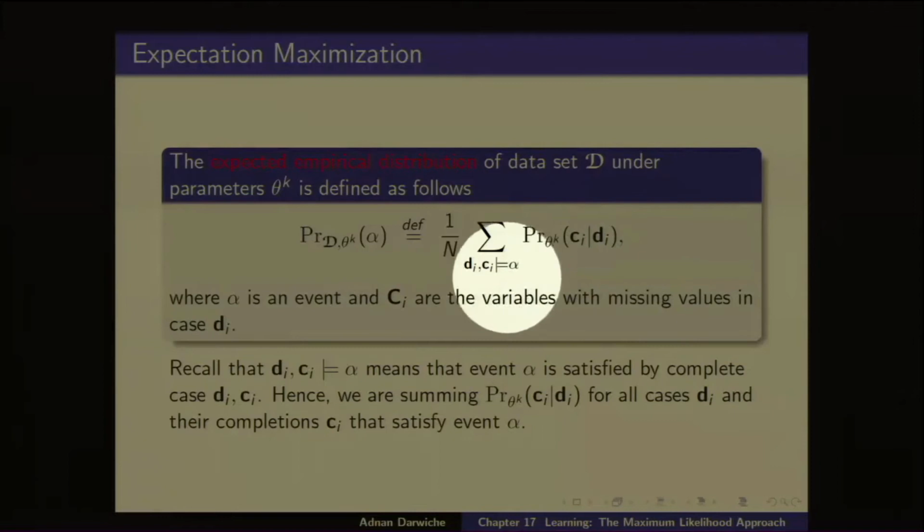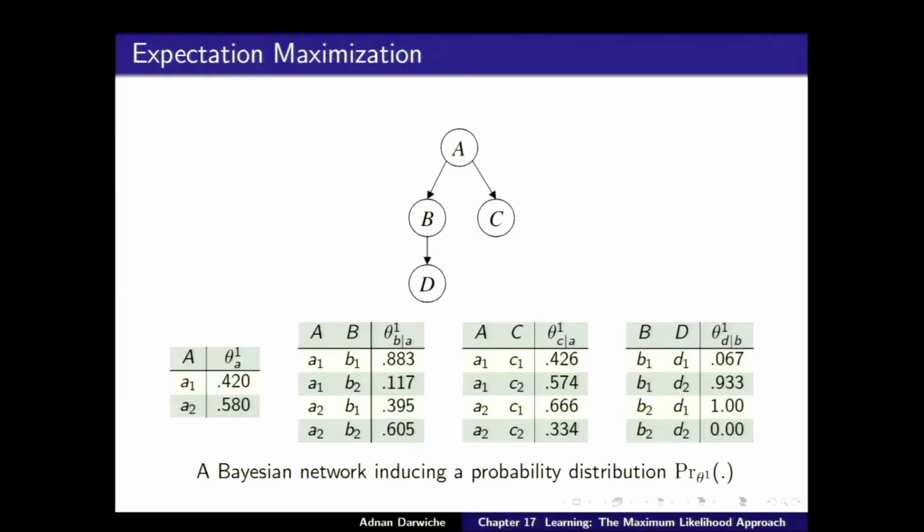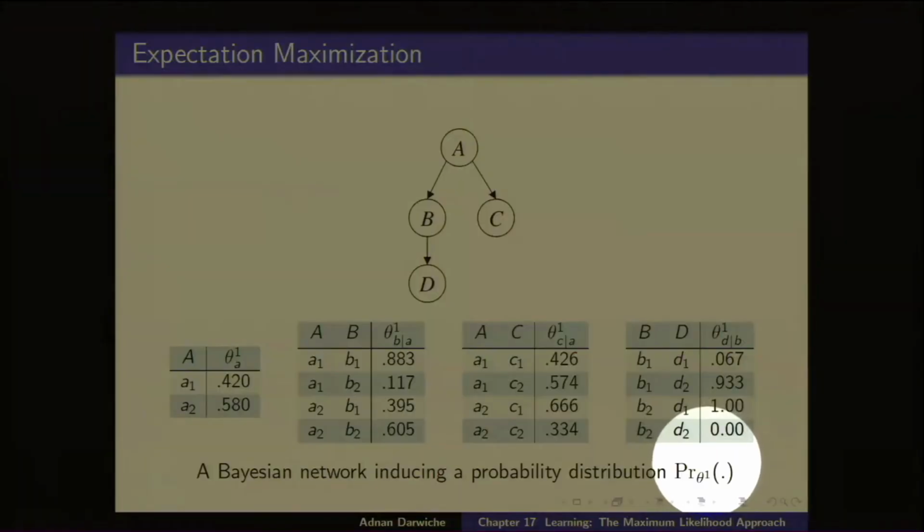Some variables are not known. Ci is the completion of that example, so Ci is an instantiation of the variables that are missing in example i. So in this sum, now that you have di and ci, I have a complete example, right? d and c together fix the value of every variable in example i. And this is the probability of the completion. According to the method we just did, this would be the estimates at iteration 1.